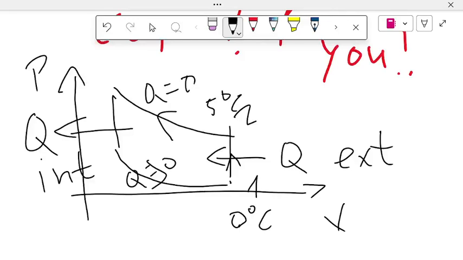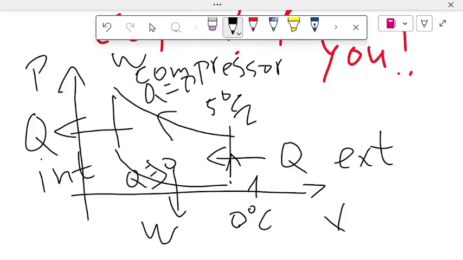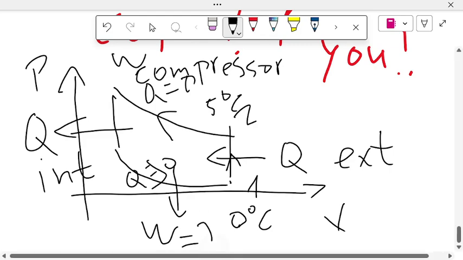Here there is a compressor, but there is mechanical work here. The compressor does mechanical work, and here we must have another mechanical work instead of the evaporator.